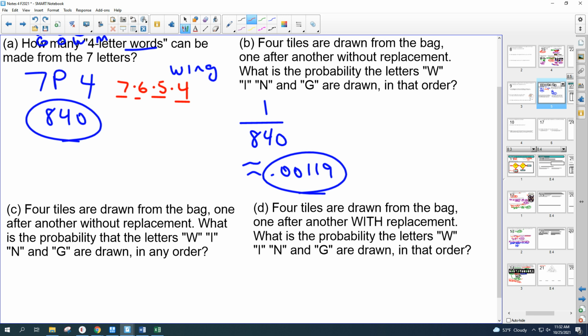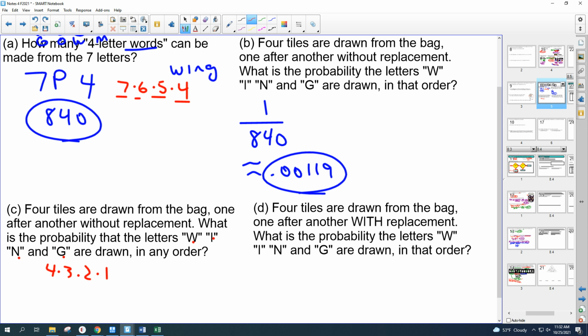So in part C, what is the probability that W, I, N, G are drawn in any order? We've got those 4 letters, and so I have to draw one of those 4 letters, and then 3, and then 2, and then 1. I'm trying to draw one of them and then the other and then another, whatever. There's 4 ways to pick one of them, 3 ways to pick the next, and so on.